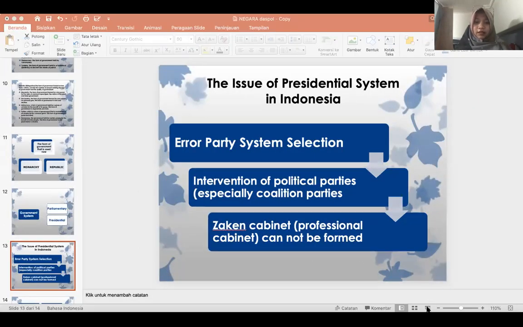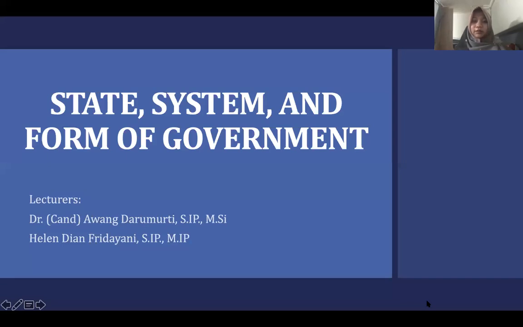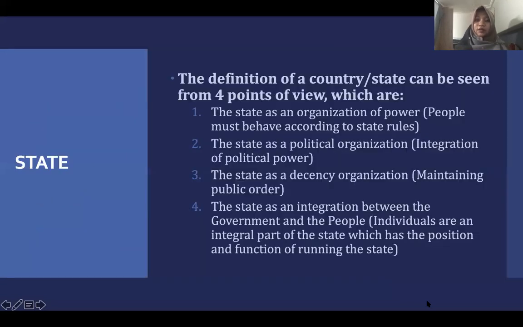So here in detail, the state system and also the form of government. If you want to define what the state is, we can see 4 points of view here. If you remember the first PPT slide, there are many scholars who try to define the state.